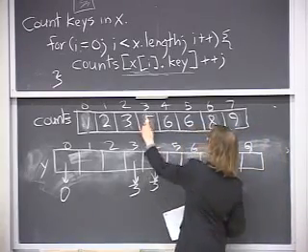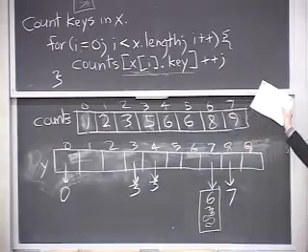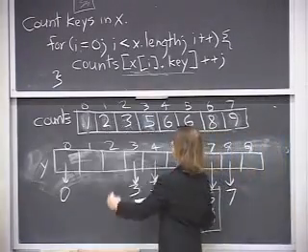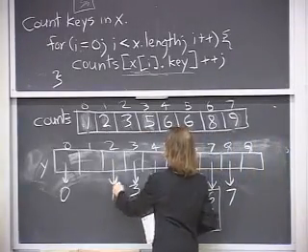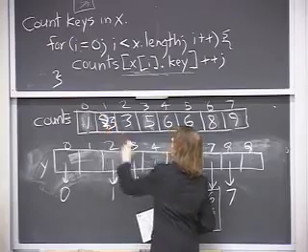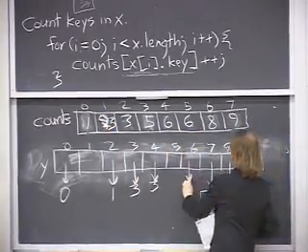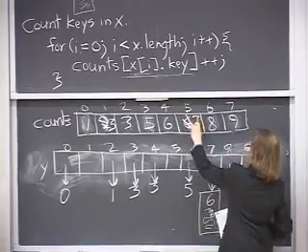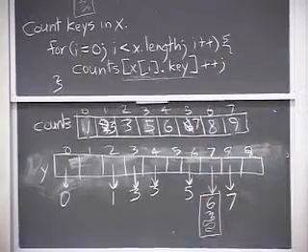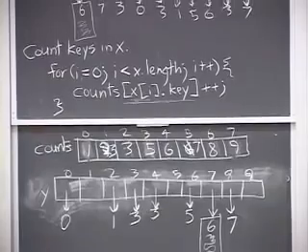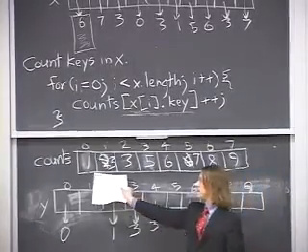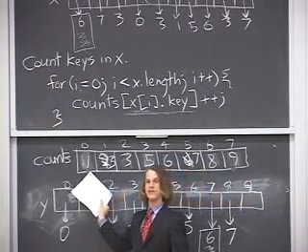So now that's a 5. We hit a 1. It says 1 goes into location 2. We hit a 5. It says 5 goes into location 6. We hit a 0. The counts array says 0 goes into location 1 now.